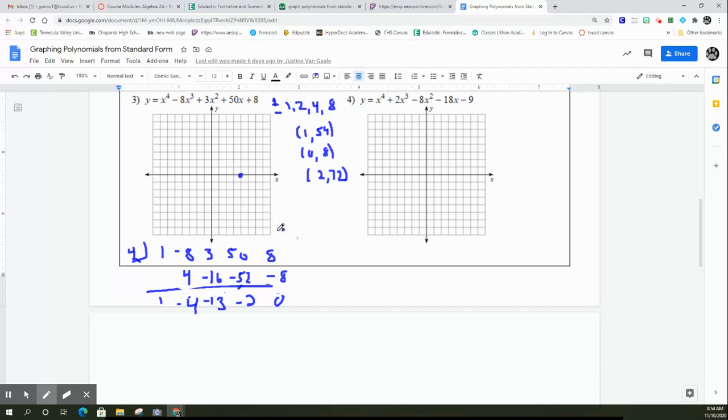Let's keep going down here then. Let's try some negatives. What about negative 1?